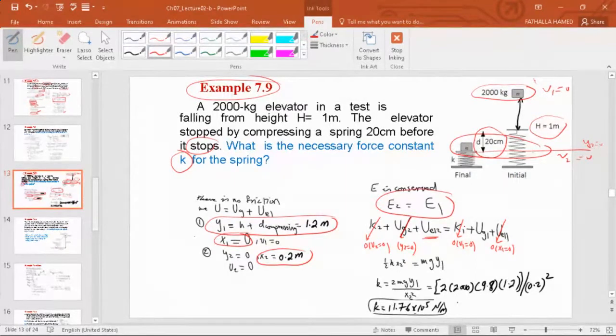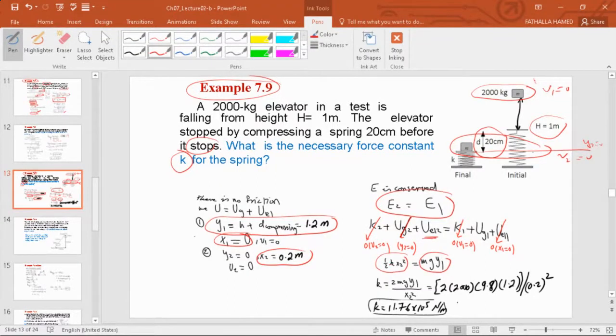Now K1 is 0 because it's starting from rest. Your gravitational potential energy 1 is equal to mgy1, and y1 is 1.2 meters. Your elastic potential energy 1 is equal to 0 because the spring is not compressed when you start. So the only thing you have here is 1/2 kx2 squared equals mgy1, and your interest is in k.